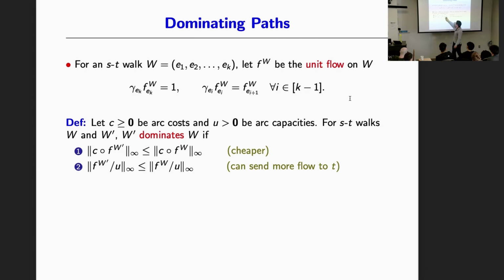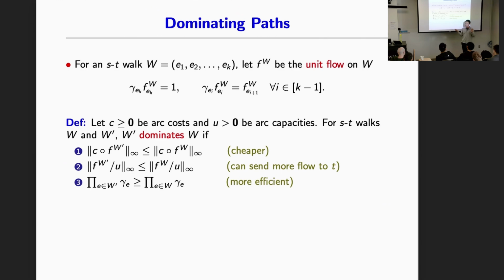So this says that W prime can send more flow to T than W. And the last condition is that W prime is more efficient, meaning that if you take the product of all the gain factors on W prime, it's larger than W. This essentially means that you only need less flow from S in order to end up with 1 unit of flow at T in W prime compared to W.